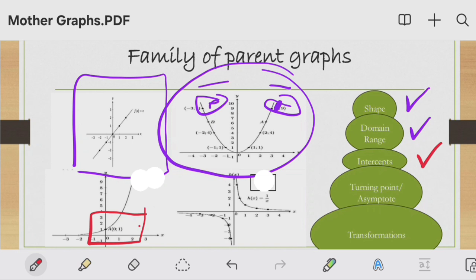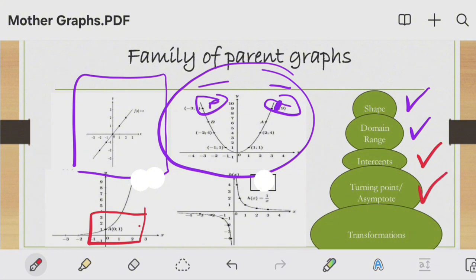Remember, an asymptote is a line that the graph approaches, yes, but never reaches, ever. That is an asymptote. Turning points and asymptotes, check.